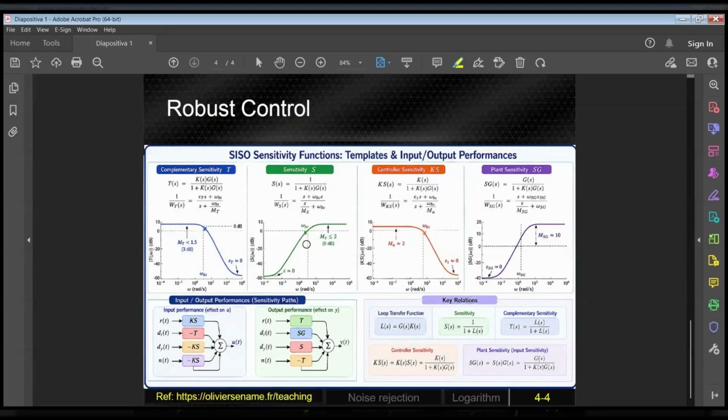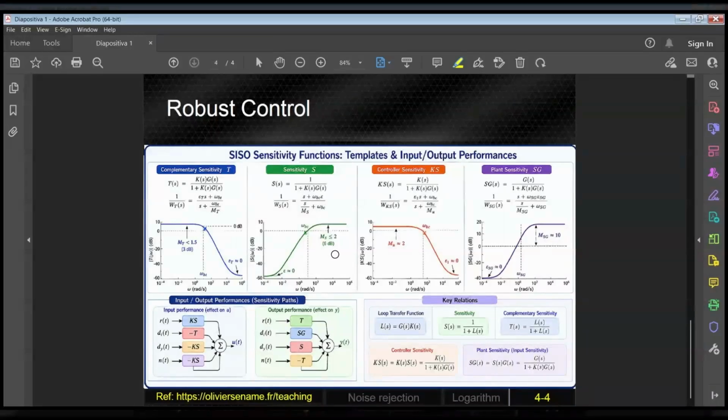When T is high, S is low, and when T is low, S is high. In practice, perfect values of 0 and 1 are not achievable since Bode diagrams use logarithms.